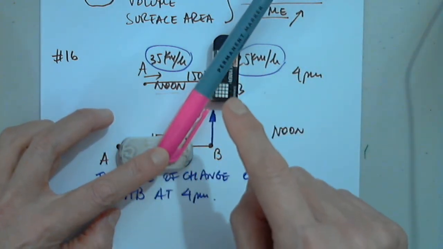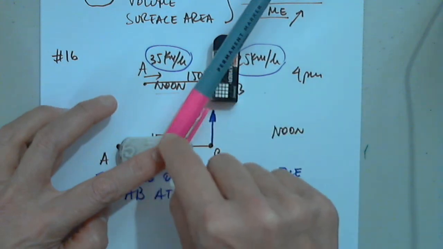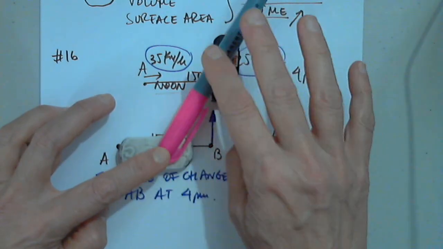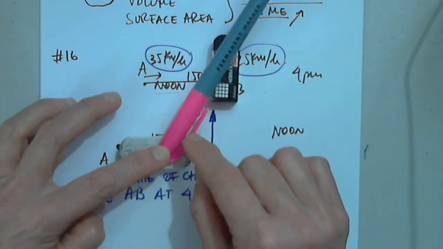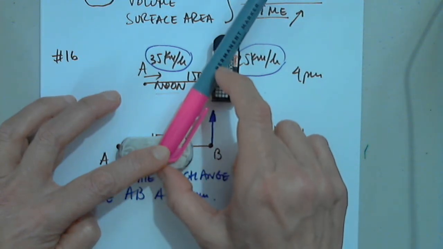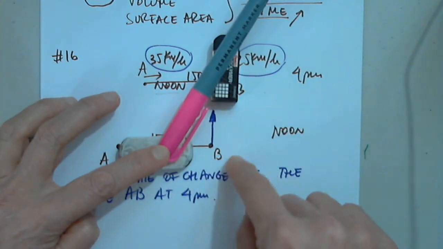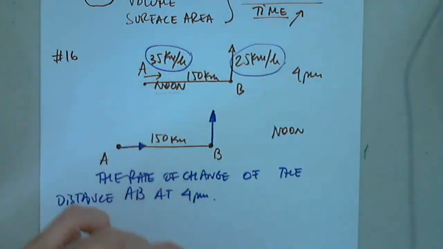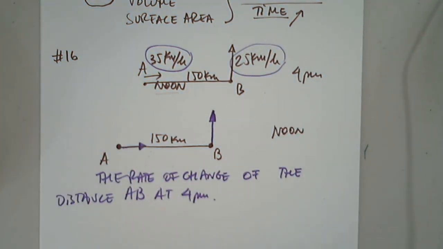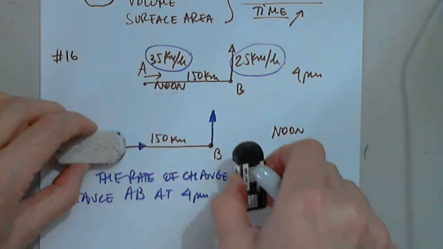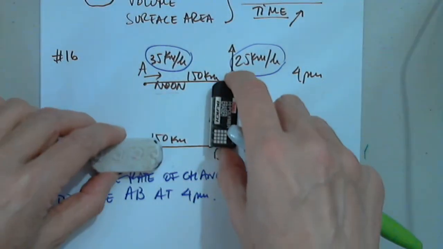And not just that, I want to determine the rate of change of this distance. I don't care about the distance itself, but I want to know how fast the distance is changing exactly 4 hours after they start. So what do I have to do first? After looking at this graph and understanding what's happening, this one is going this way and the other one that way.